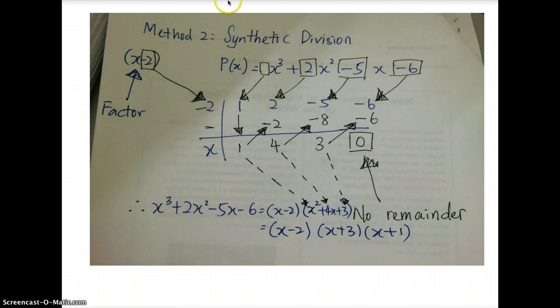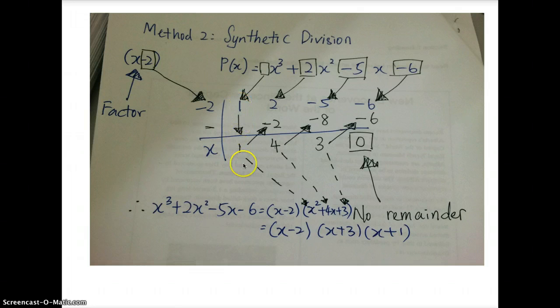For method 2, synthetic division, we write down the coefficients with their signs, and label x like this, meaning you put 1 here, negative 1 here.